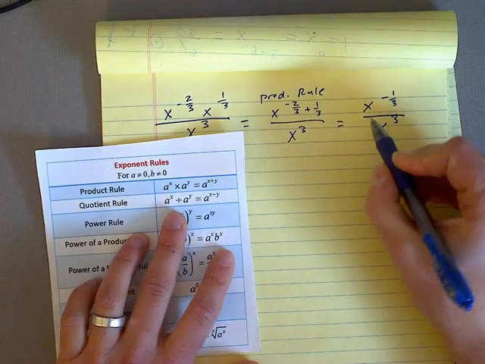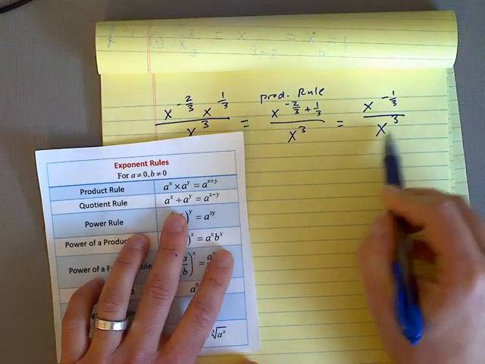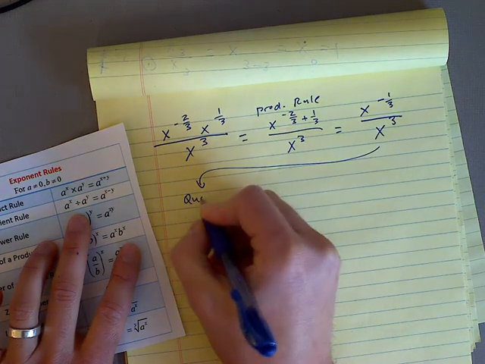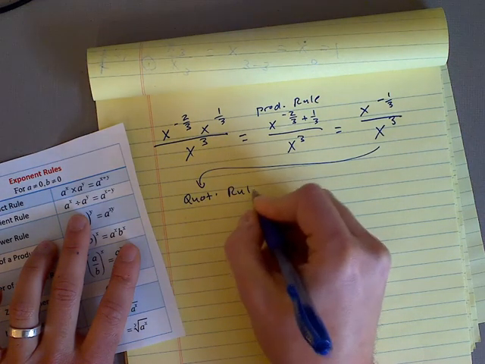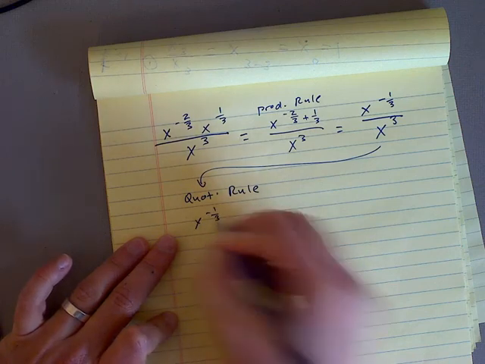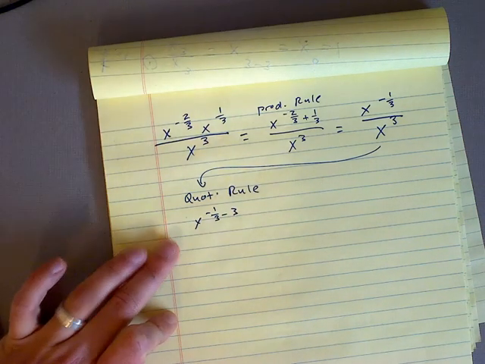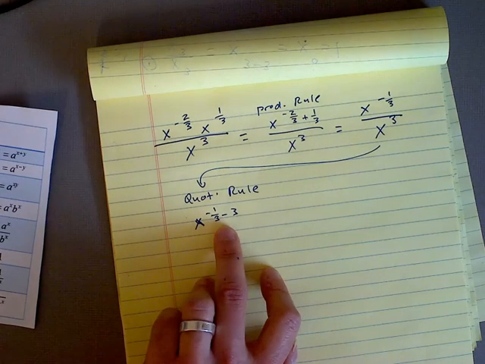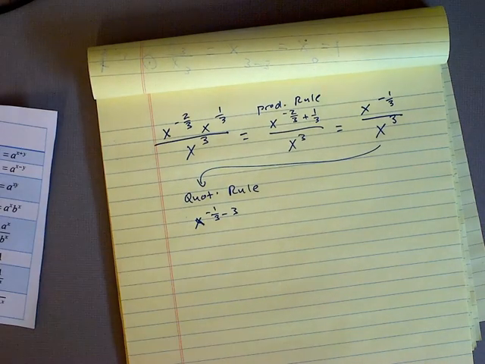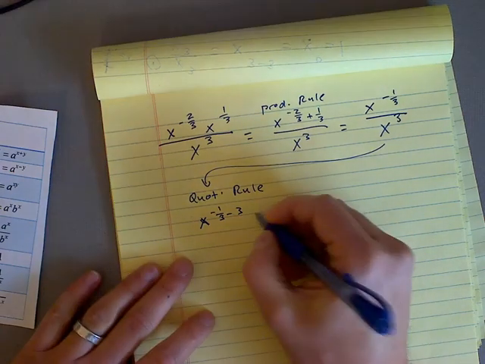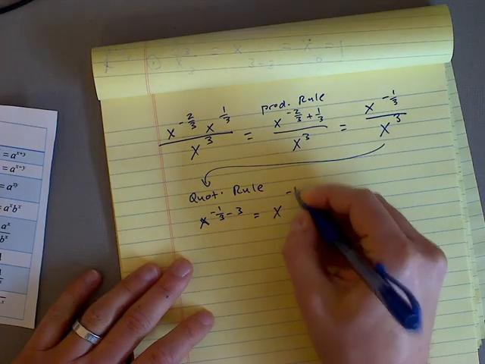So we have x to the negative 1/3 that's divided by x to the 3rd. So in this next step, we're going to apply the quotient rule. So you have x to the negative 1/3 minus 3. And now, since negative 1/3 and minus 3 do not have the same denominators, we've got to get a common denominator. So in this case, we can rewrite it as x to the negative 1/3.